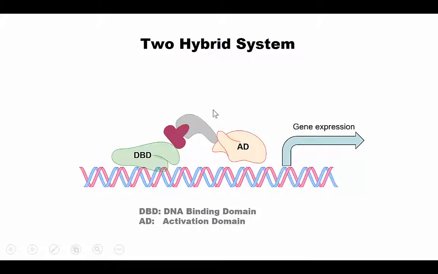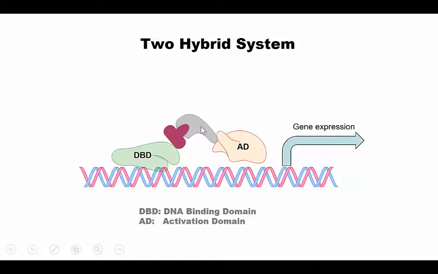Then using this system, if you want to know the binding partners of protein A, you can fix the DBD with protein A as one system. And then you can make a library of different proteins, let's say from a cDNA library. A cDNA library is from one cell, where you collect all those mRNAs, right? And those can be attached to this AD structure. Then you have a library.